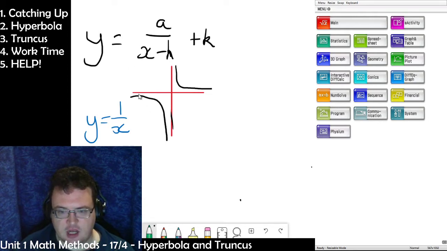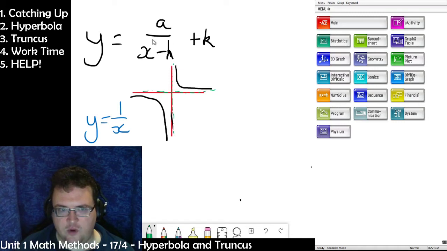The asymptotes are located along the axes at x equals 0 and y equals 0. Asymptotes again are imaginary lines that the graph will never ever touch.